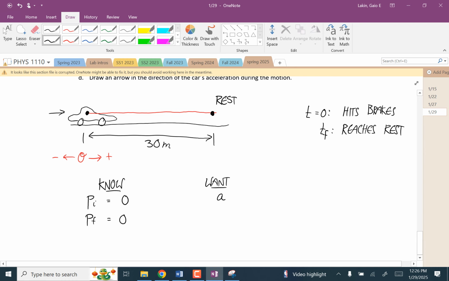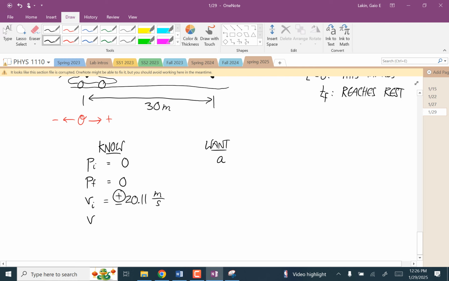And we know that because if you start at 0 and go 30 meters in the positive direction, you get to positive 30. Do we know the velocity at time zero? Well, we know the speed is 20.11. Is it moving in the positive or negative direction? Positive, so we want the positive. And then V final, what's that? 0 when it comes to rest, yep.